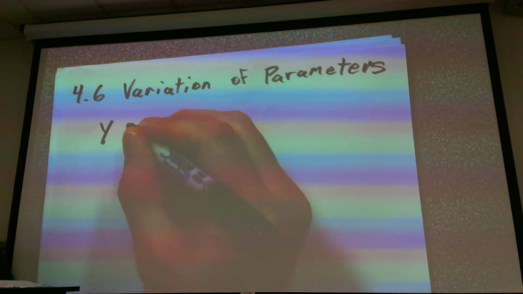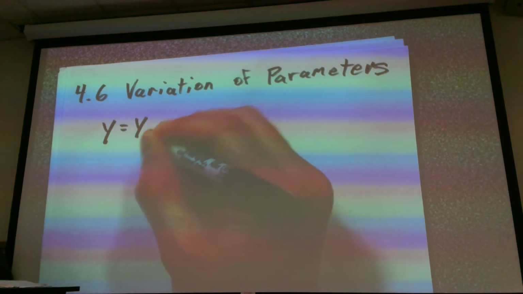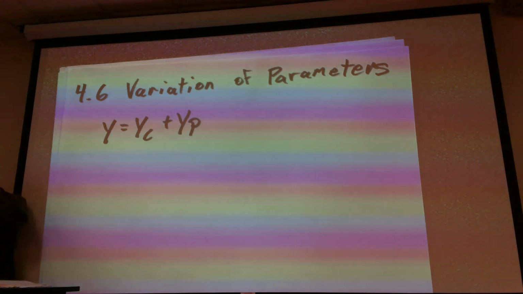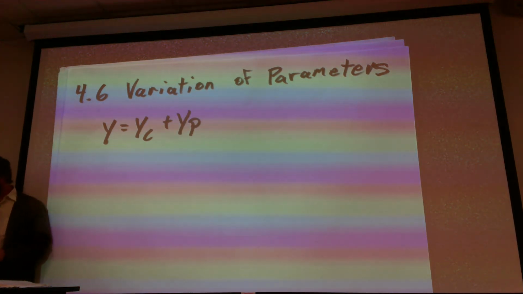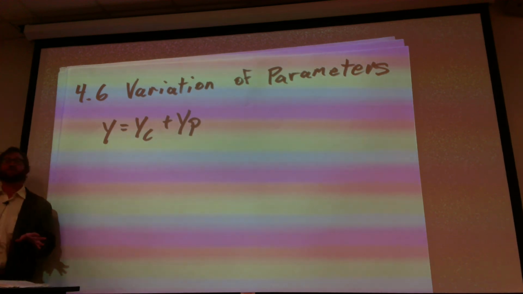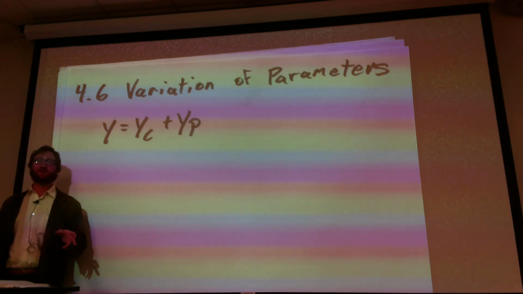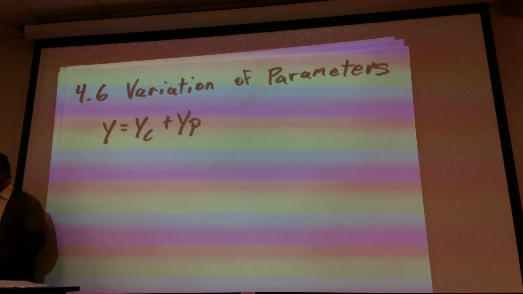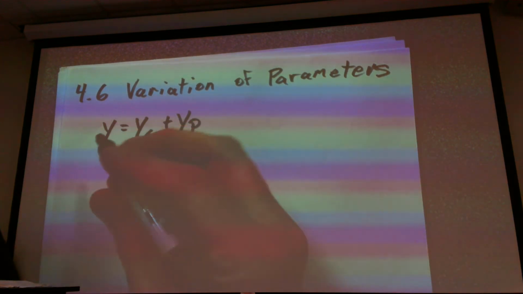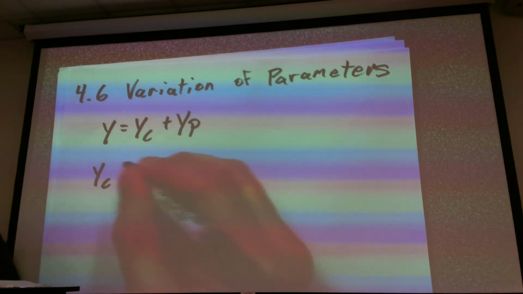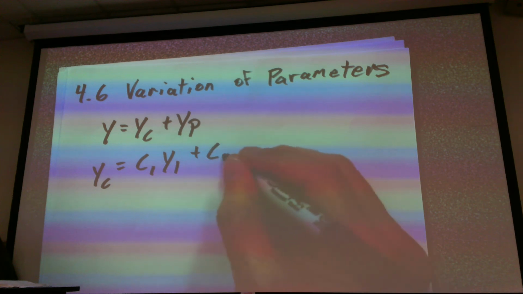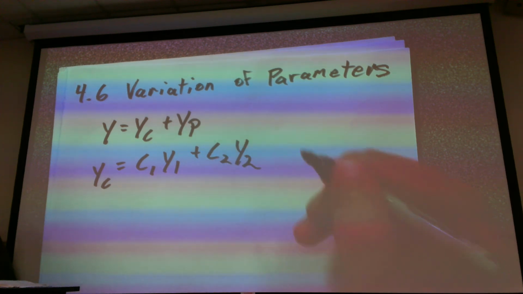So, with variation of parameters, we have y, which equals y sub c plus y sub p. And then we're going to look for the particular solution. Looking for the complementary solution is the same using the auxiliary equation. But if we want to find the particular solution, let's start with this. y sub c equals c1 y1 plus c2 y2.